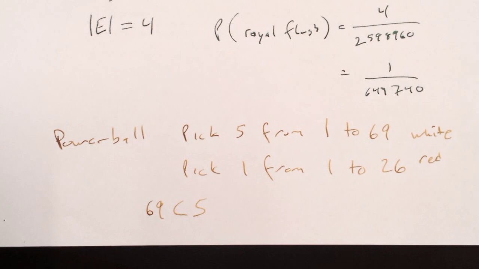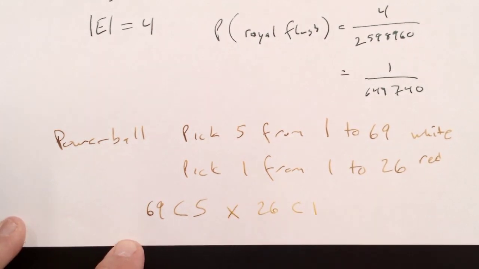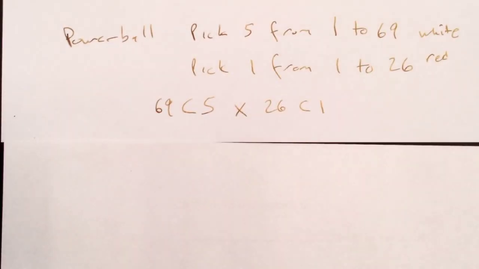And what do I do when I hear the word and? Multiply. 26, choose 1. Multiply for me, give me a number. These are the total number of ways to fill out a lottery ticket for the Powerball.